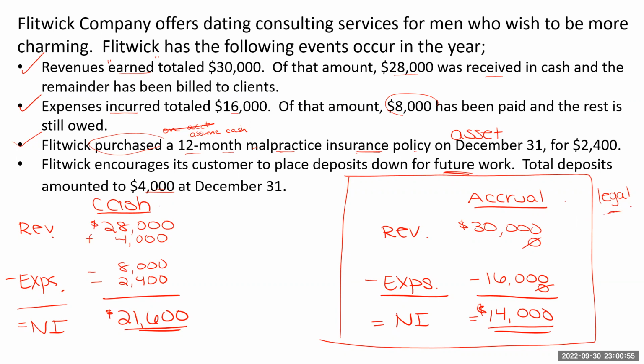So that's why accrual basis is seen as a little bit more correct, but also it's less likely to be manipulated. Not that you can't manipulate it, but it's a little harder, right? Whereas with cash basis, we could just avoid paying cash in one period.